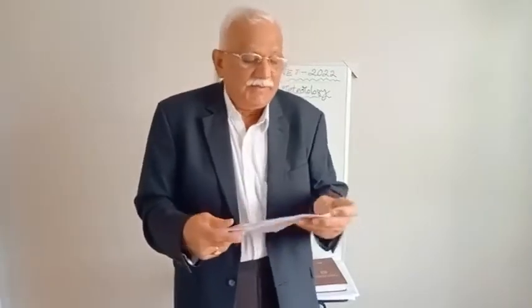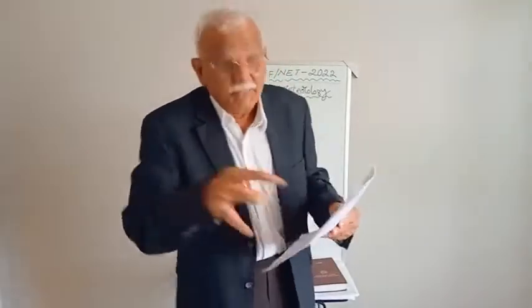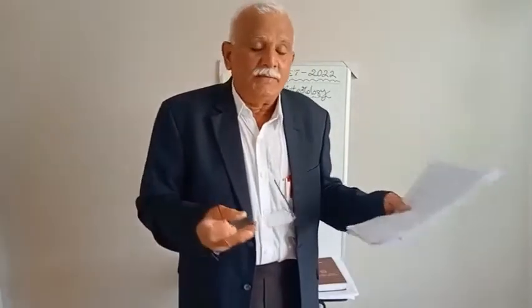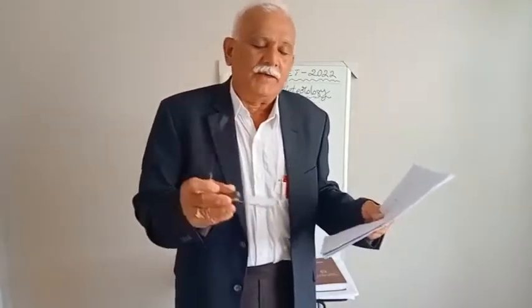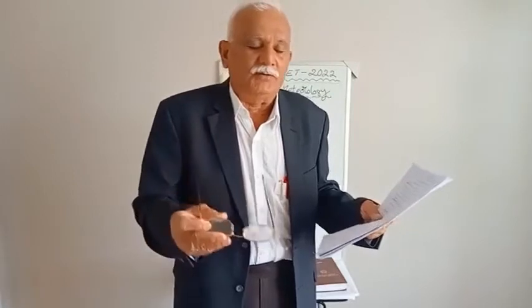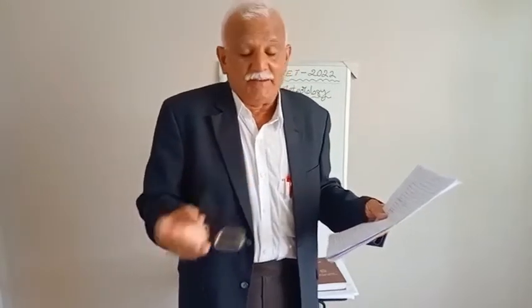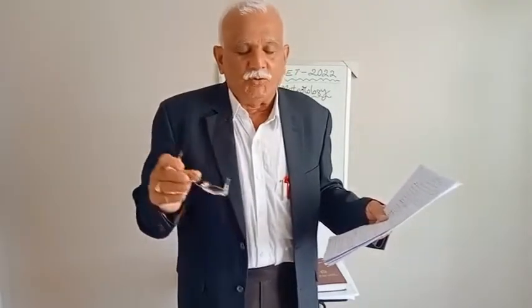Now, very interesting bits; these things may appear in the form of bits. That's why: what is environment? What are the types of environment? Micro environment, macro environment. Before that, abiotic environment, biotic environment. Three types of climates: micro, meso, macro.